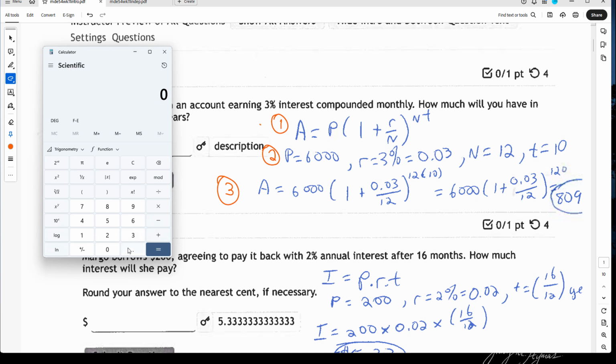So I have 0.03 divided by 12 plus 1, following the order of operations, and I raise that to the 120th power.